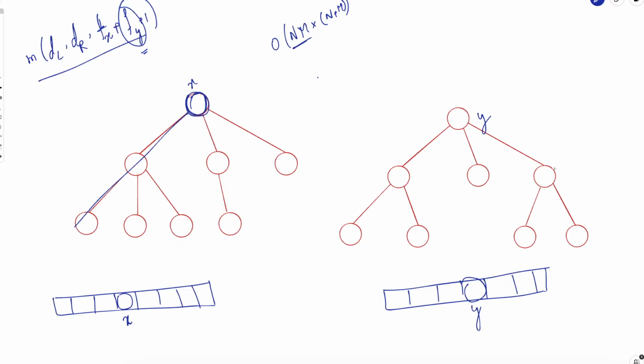So what we just discovered is, for a given x, we don't need to iterate over all the y, the best y would always be the y for which the farthest node value is minimum possible in this array, right?